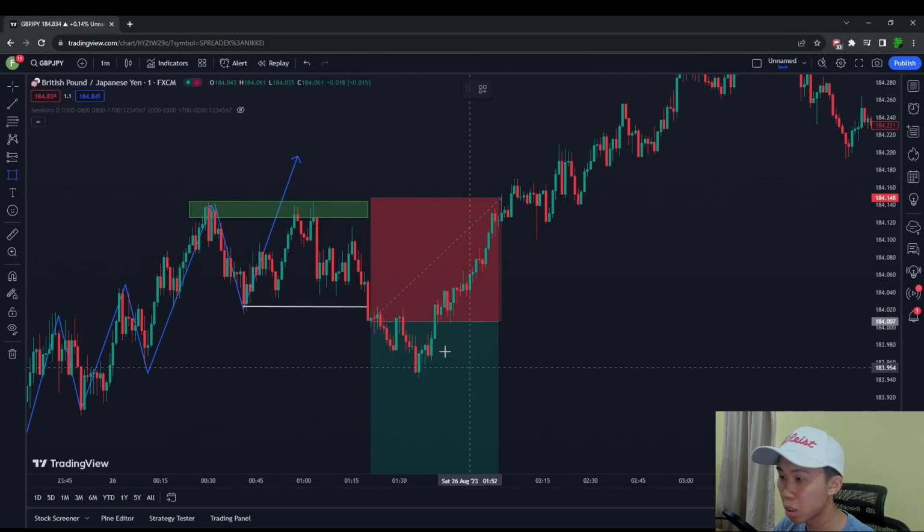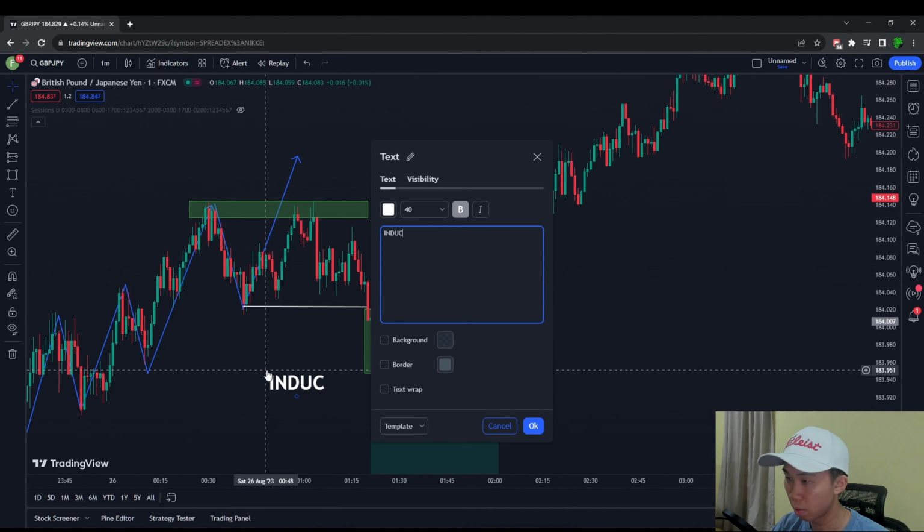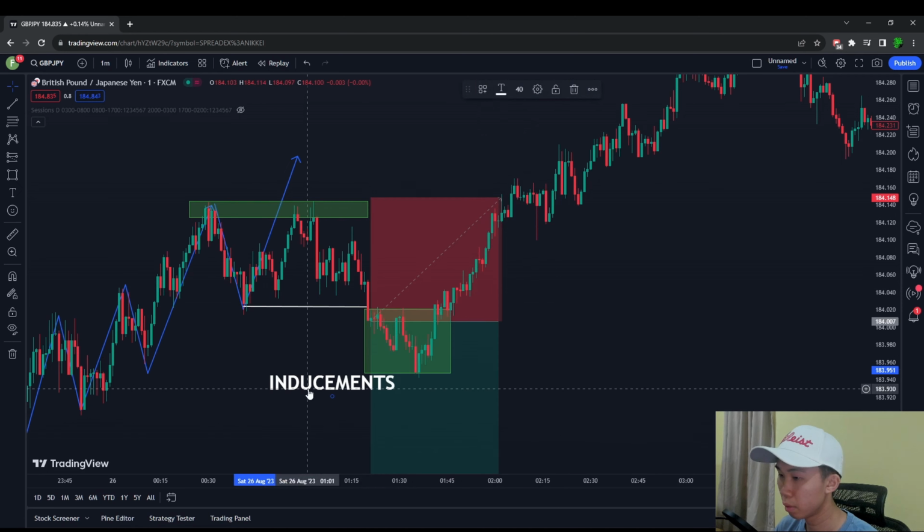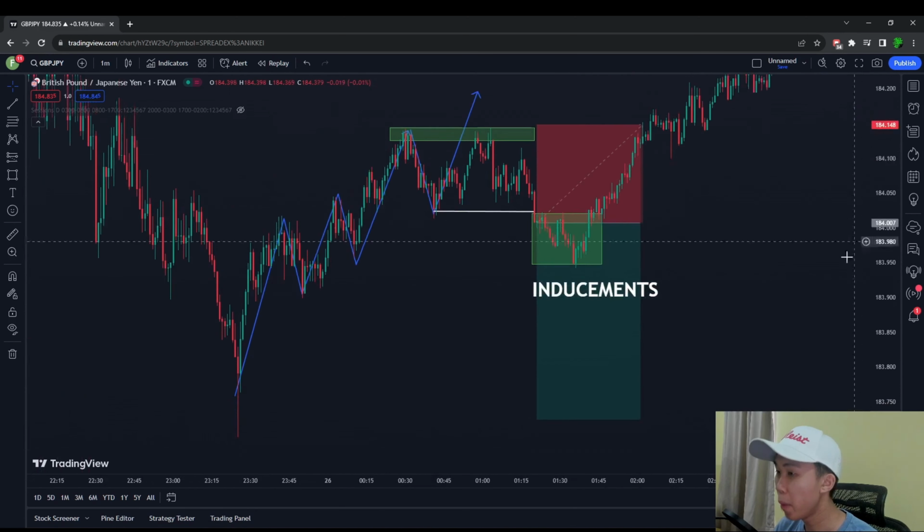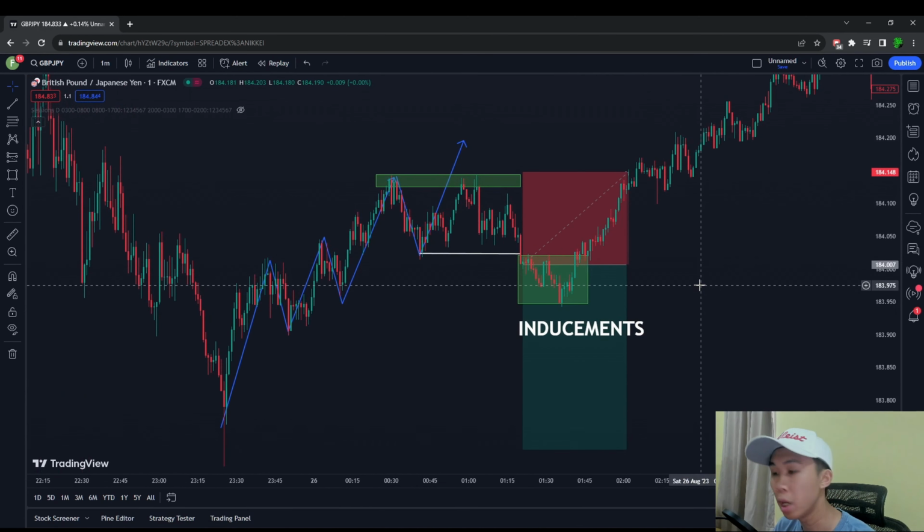So this is what we call inducements. This is why every time you trade, make sure you follow the overall trend or the order flow, so that you wouldn't get trapped or induced by the banks or the institutions.